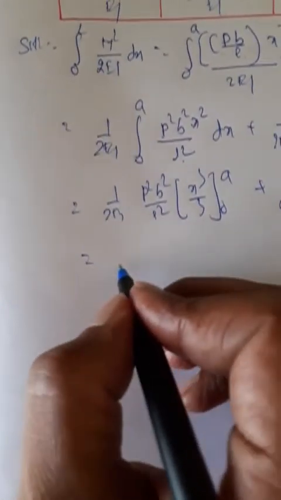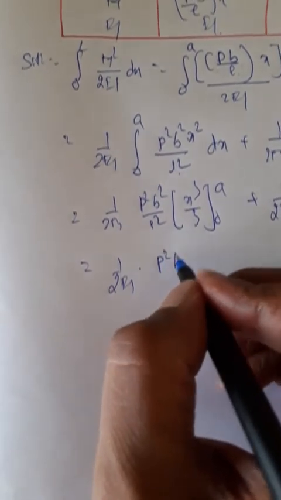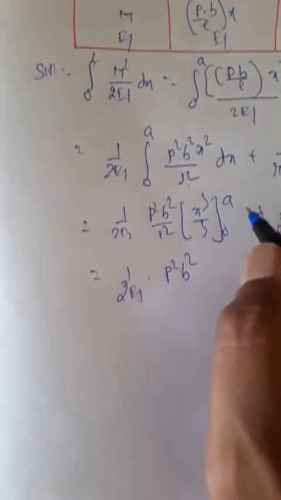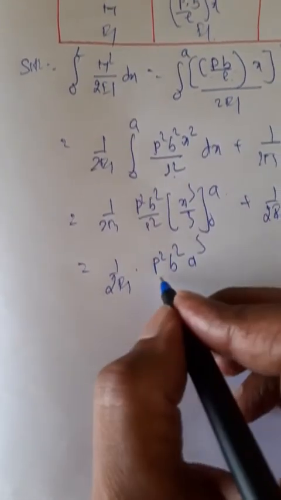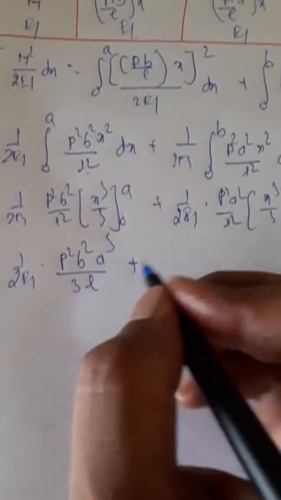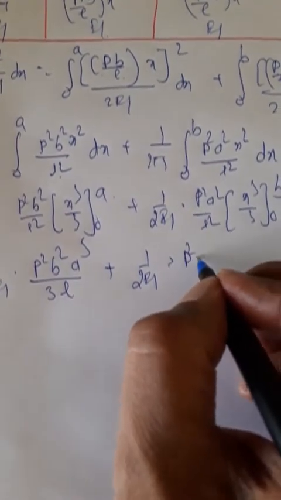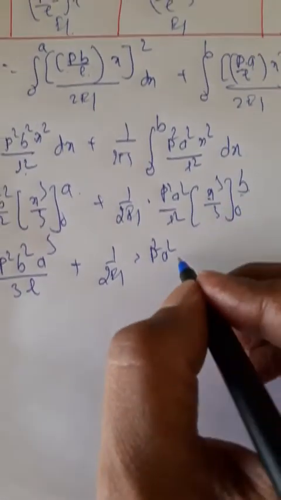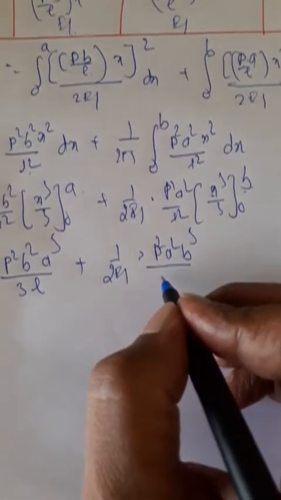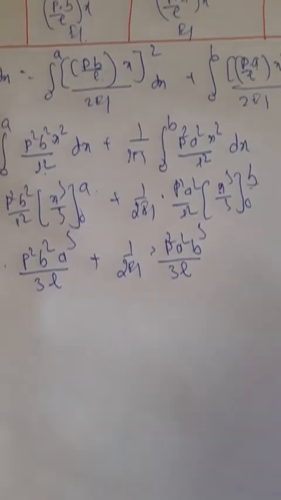So I can write here 1 upon 2 EI P square B square, such that X is equal to A, A cube by 3L, plus 1 upon 2 EI P square A square, X is equal to B, so B cube by 3L. Now I can remove some of the common terms.